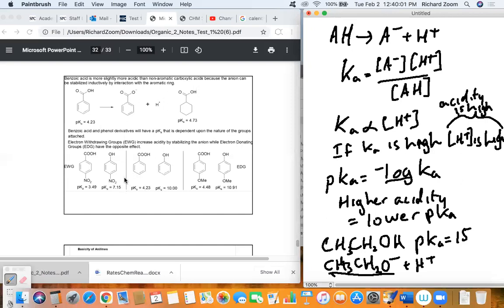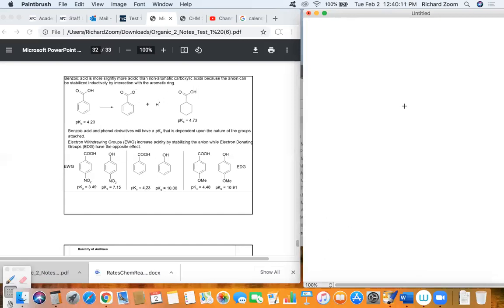Now, if we look at what happens when we add electron withdrawing groups, and that's another way of saying deactivating groups, what we're talking about there are these groupings.